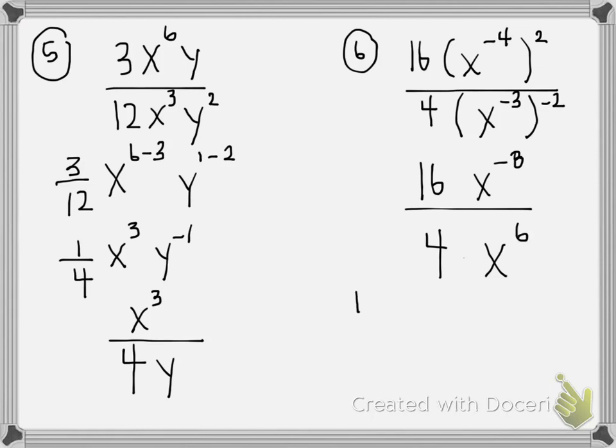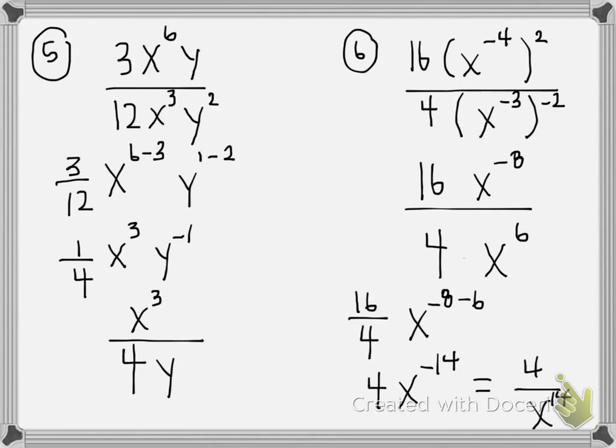So 16 over 4, and then x to the negative 8 minus a 6. So 16 over 4 is going to be a 4. It's going to be x to the negative 14. So this is going to be 4 over x to the 14th power.